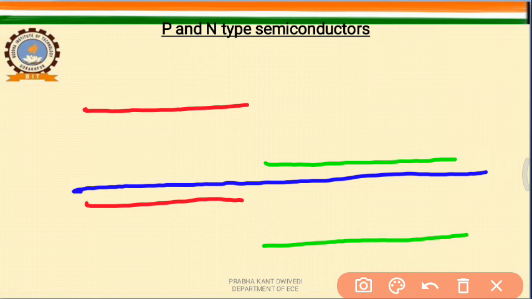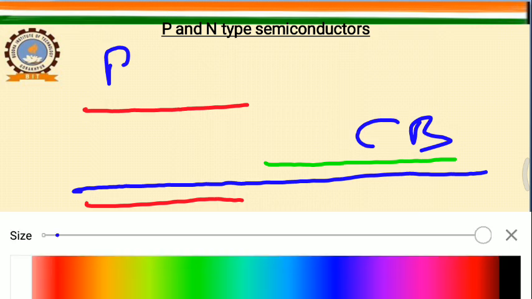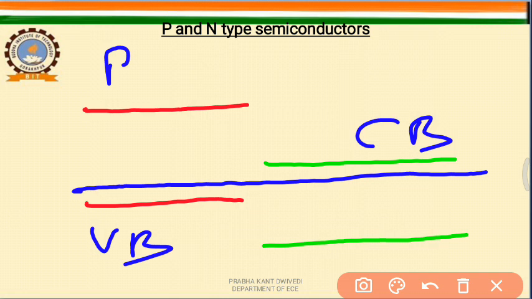These bands will be readjusted in such a way that after combining the two regions, p-type semiconductor and n-type semiconductor, the Fermi energy level in the p-type semiconductor lies just above the valence band, and in the n-type semiconductor lies just below the conduction band. And these bands are recreated as shown here. So this is the energy band diagram of a PN junction.